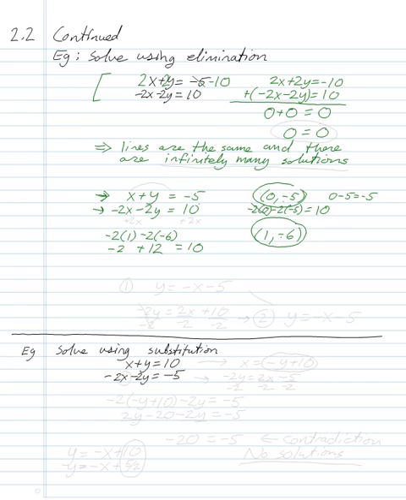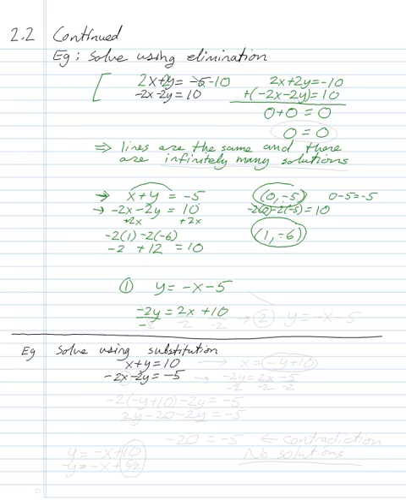Another way to see this would be to put both lines in slope-intercept form. So our first line, if we subtract x over to the other side, we get y equals -x minus 5. Our second line, if we add 2x to both sides, we see -2y equals 2x plus 10.